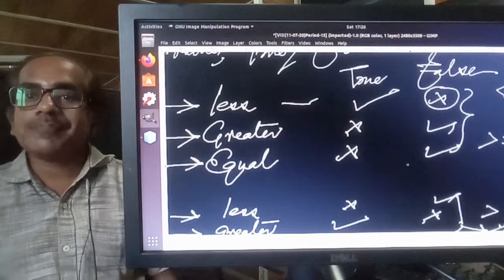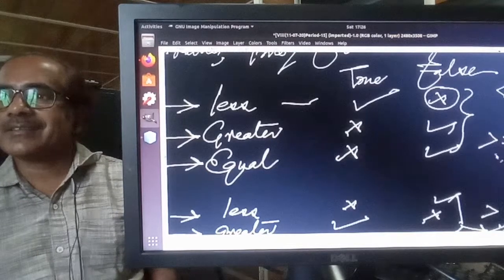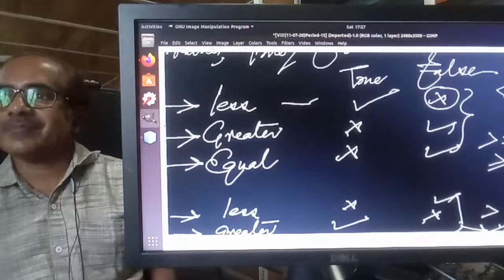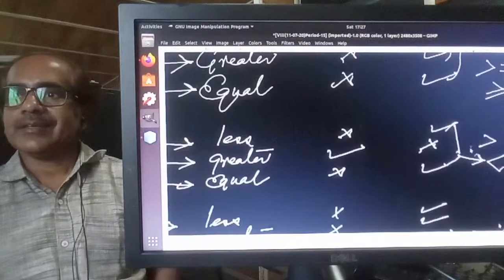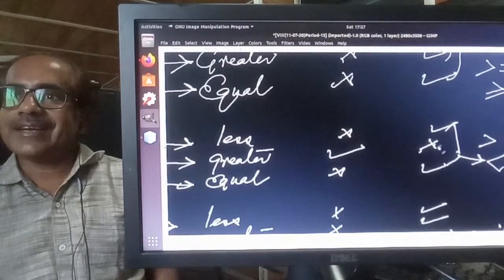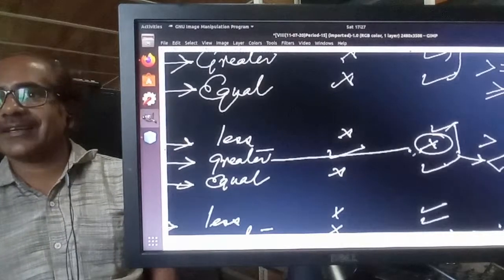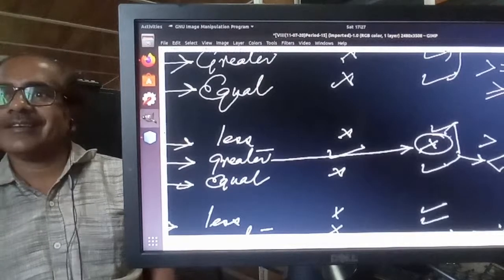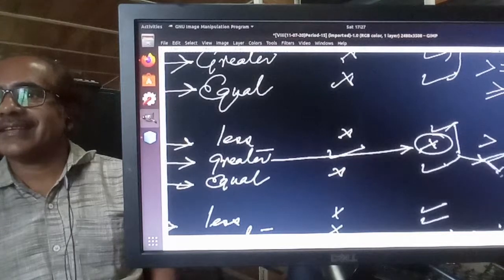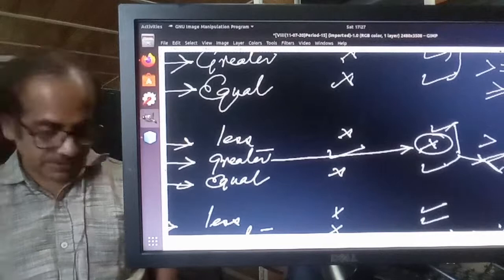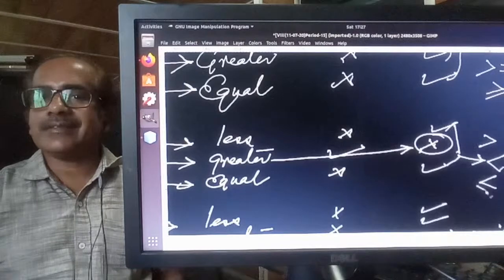So on that basis we had other operators also, which I mentioned here. In mathematics you write it like this, in computers we write like this. Similarly, when you are declaring it is not greater, then there is the possibility of less or equal, and we write it in this way in computers particularly, and in mathematics you write like this.